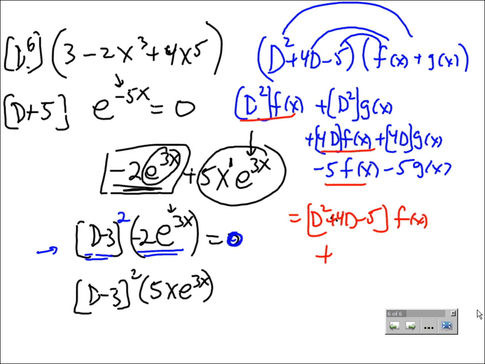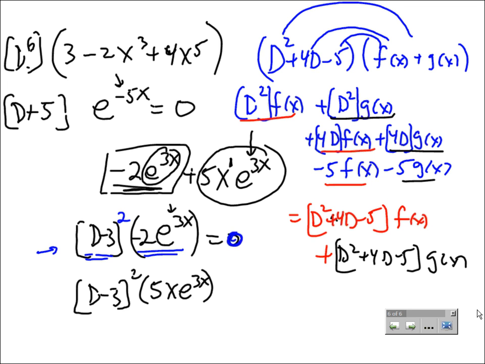Plus, do the same with the g's. You get d squared plus 4d minus 5, all operating on g.